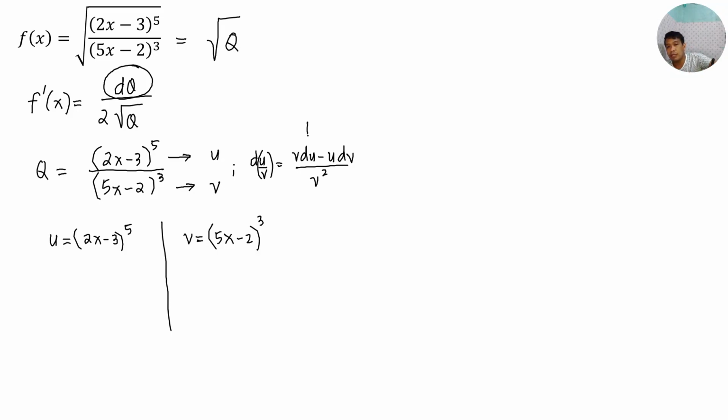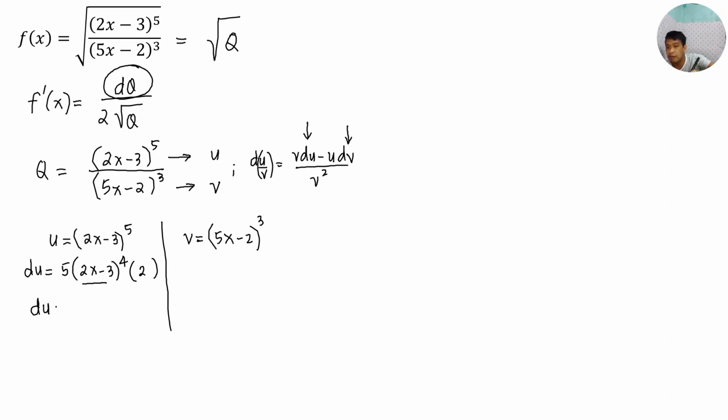So the formula requires the derivative of u and the derivative of v. Taking the derivative of u first, by chain rule, 5 is put in front, then your function, subtract 1 from 5 is 4, then the multiplier is the derivative of this function, which is 2.